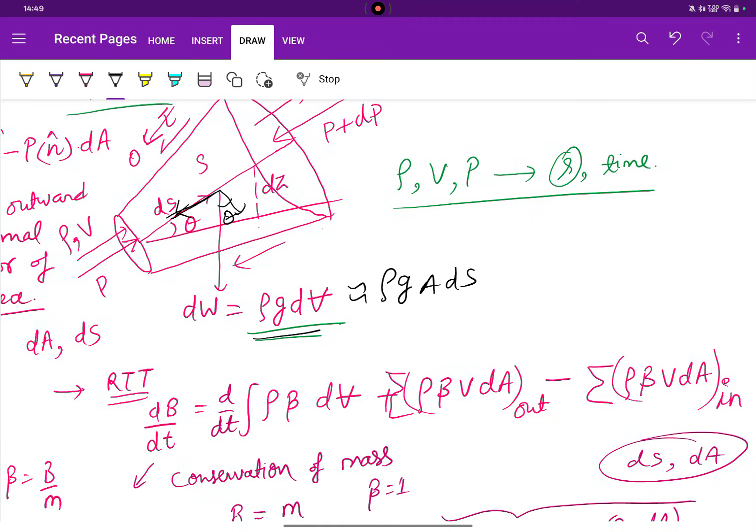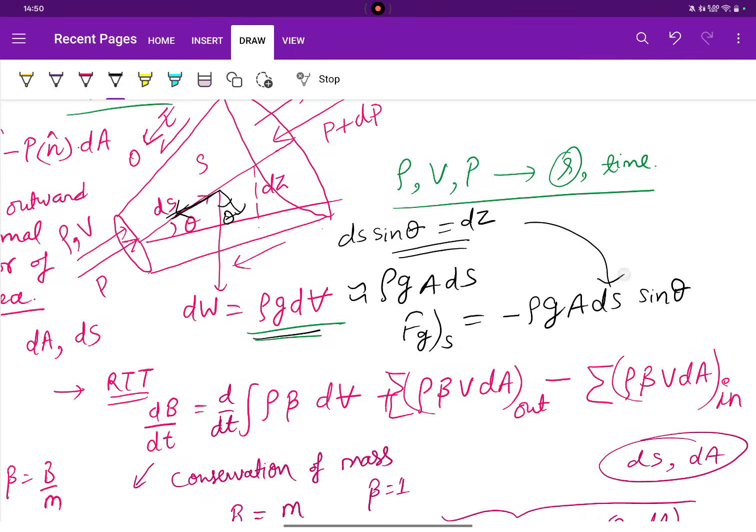So basically F g along s, how can we write? Minus rho g A ds sine theta. So ds sine theta would be how much? Ds sine theta is nothing but dz. Sine theta is equal to dz upon ds, and you can put it here.